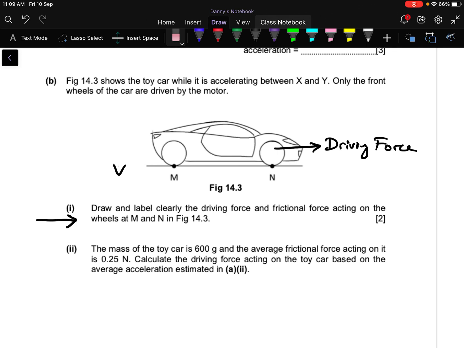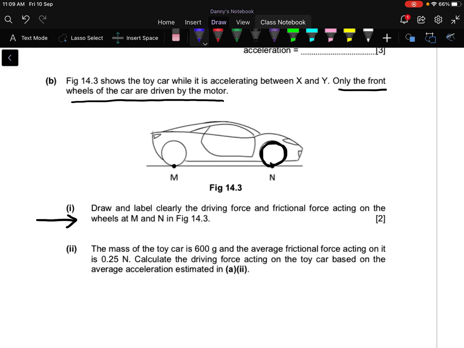So, actually, when the question says that only the front wheel is driven by the motor, so when the front wheel is driven by the motor, it is spinning this way, and yes, it will generate a friction forward.